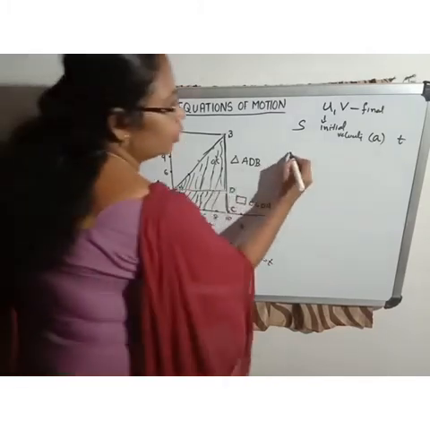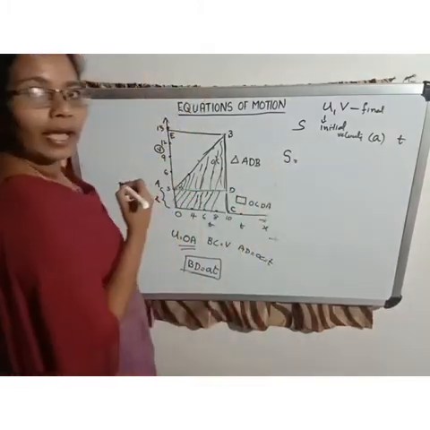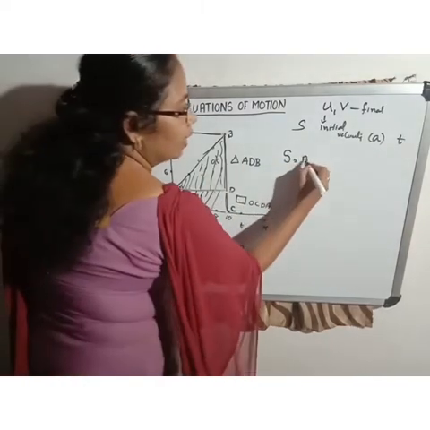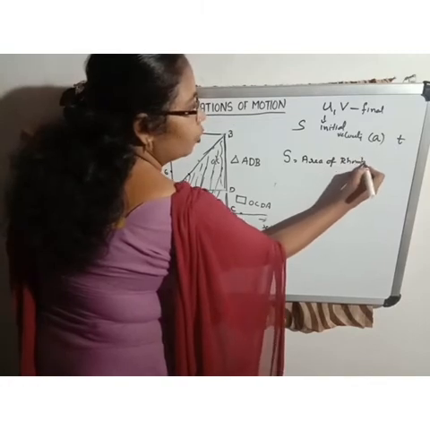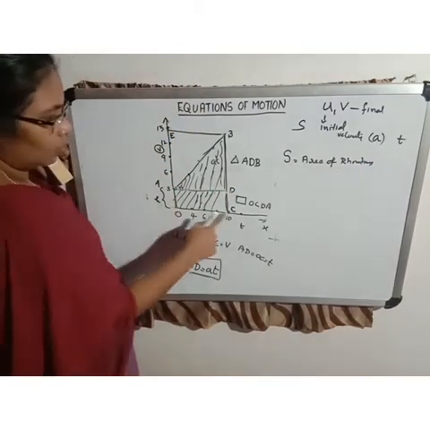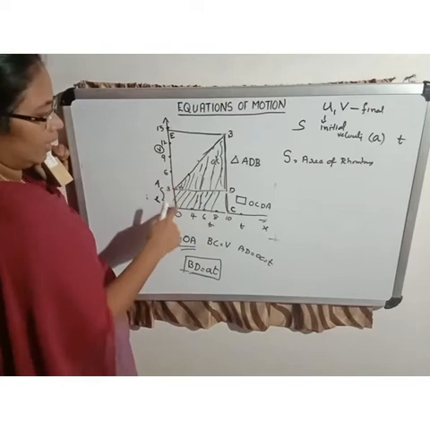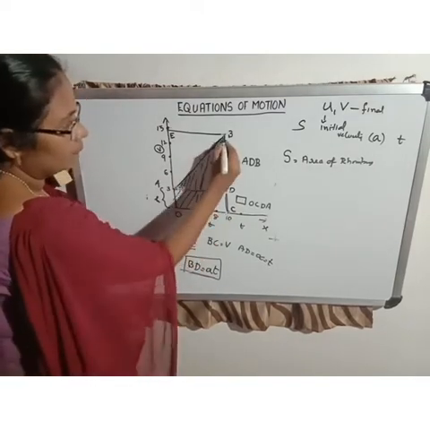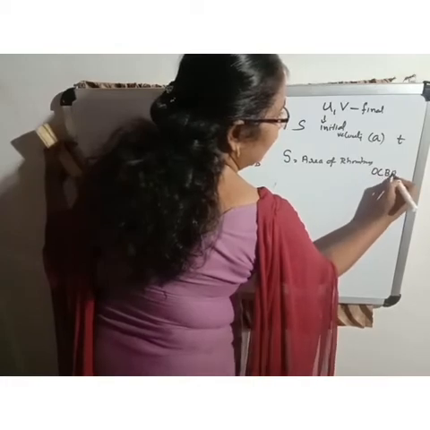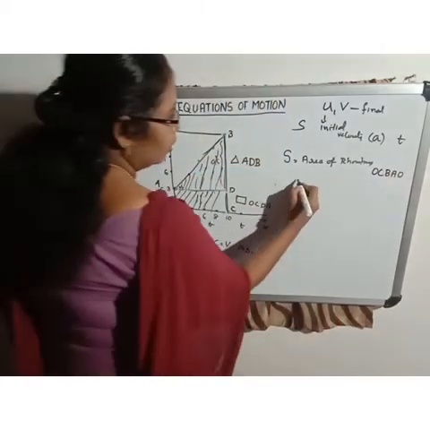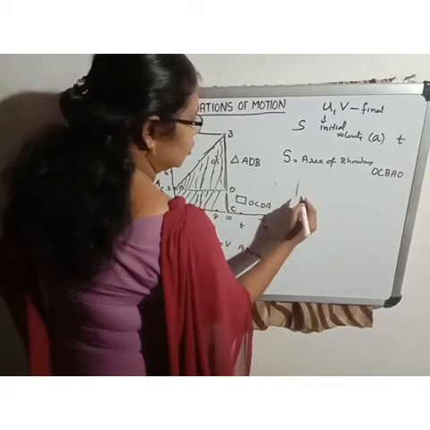So in order to get the displacement, I am taking the area of the trapezium. What's the name of the shape? OCBAO. So our shape looks like this.